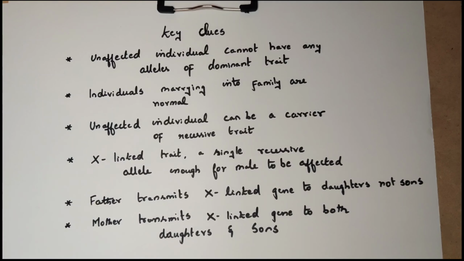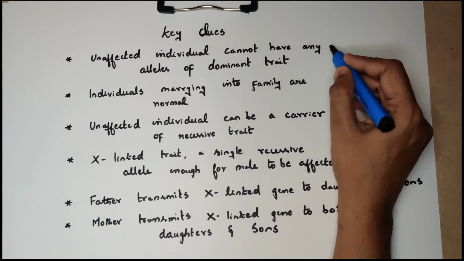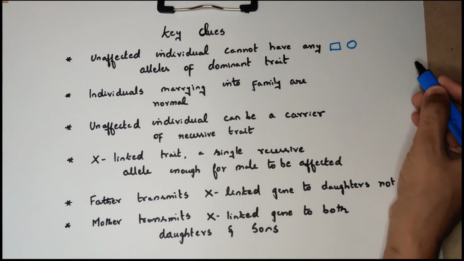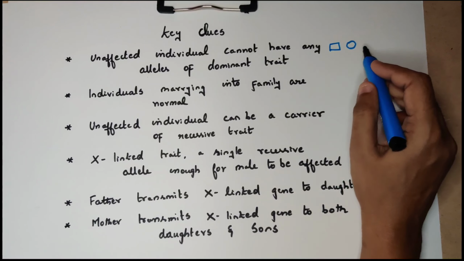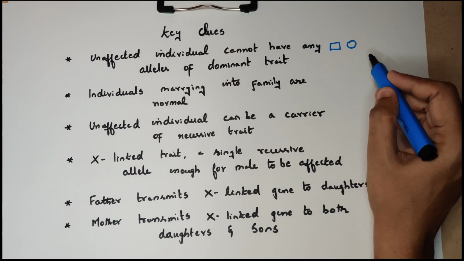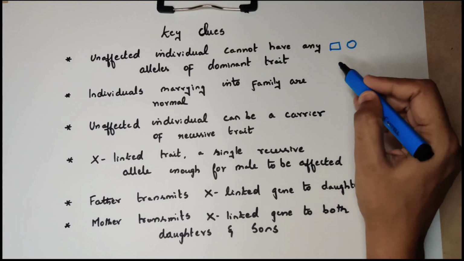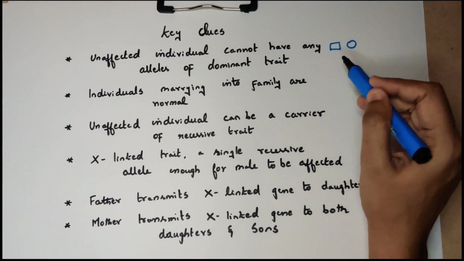Look at the first one. Unaffected individual cannot have any alleles of dominant trait. So read this sentence carefully, you will be able to understand. So if I say a person, for example, this male or a female is unaffected by a dominant trait. I already told you, for a dominant trait that is running in the family, they should have even one dominant trait.